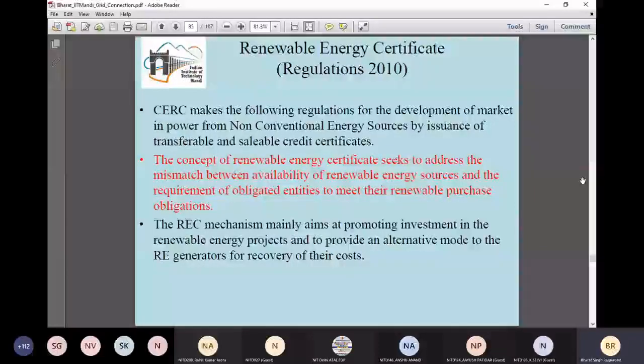So instead, we can have a certificate mechanism by which a particular state is able to say that yes, I have bought these certificates, and I have paid for or utilized a certain amount of renewable energy, so that the geographical constraints are removed, and the geographical installation as well as injection of the power can also be addressed, or this can provide an alternative mechanism of payment or remuneration to the renewable energy sources. All these factors are being considered in this renewable energy certificate mechanism.